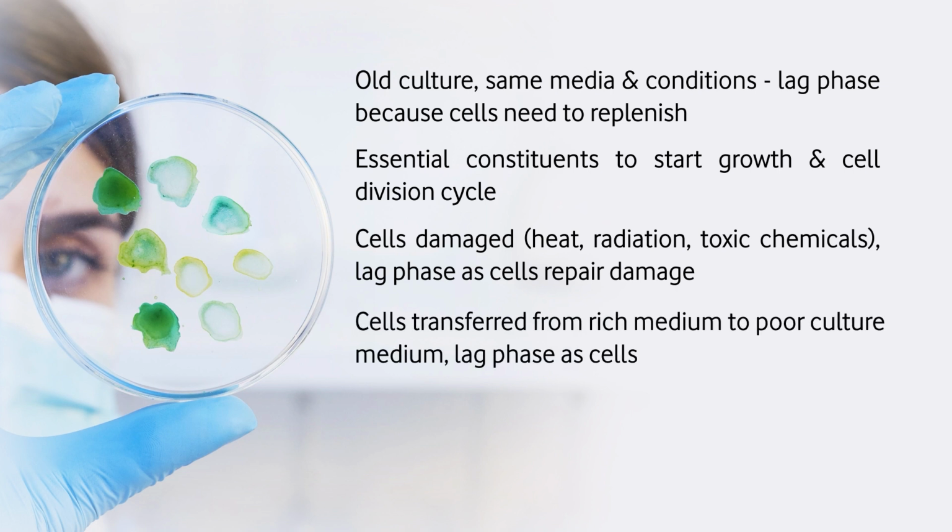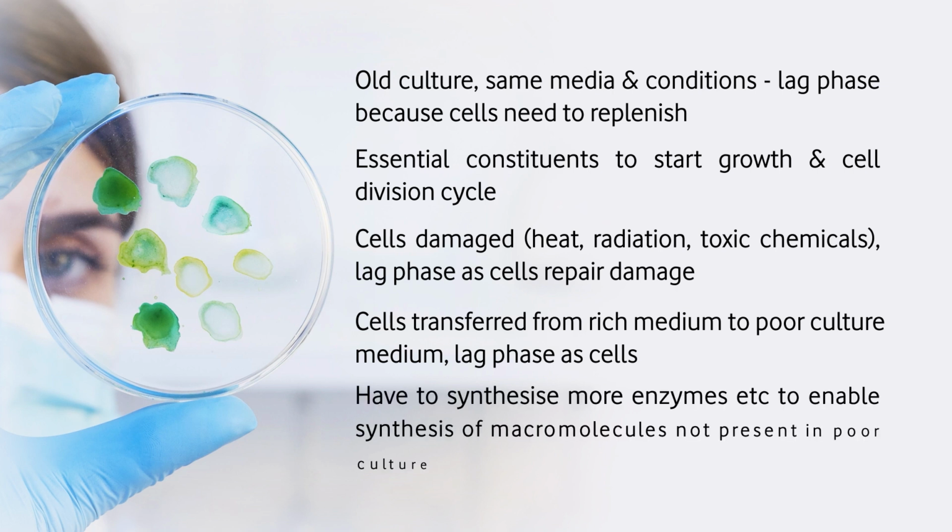For cells transferred from a rich medium to a poor medium, again the lag phase will be prolonged, because they need to synthesize more enzymes and more machinery for the synthesis of the macromolecules needed for the initiation of the cell cycle and growth. Alright, so the length of the lag phase depends on these conditions I just talked about.